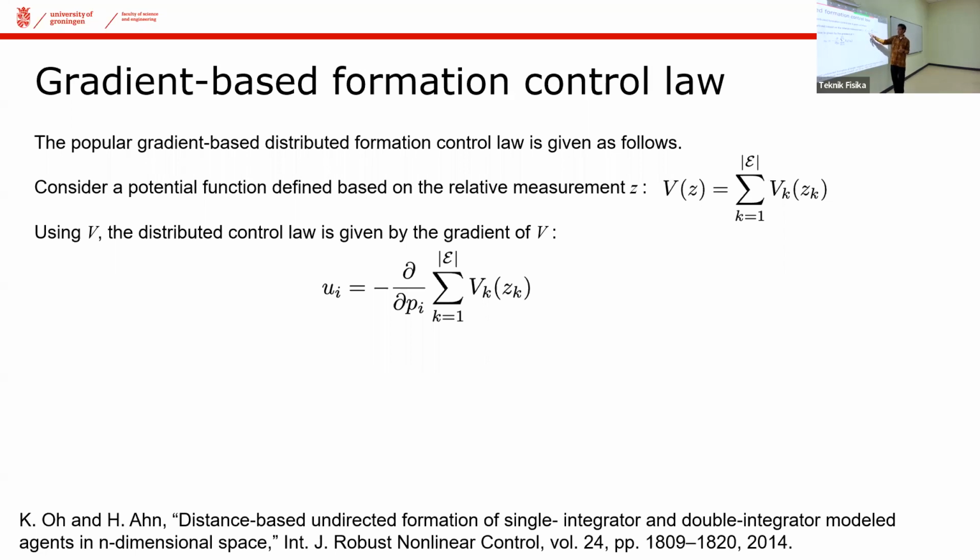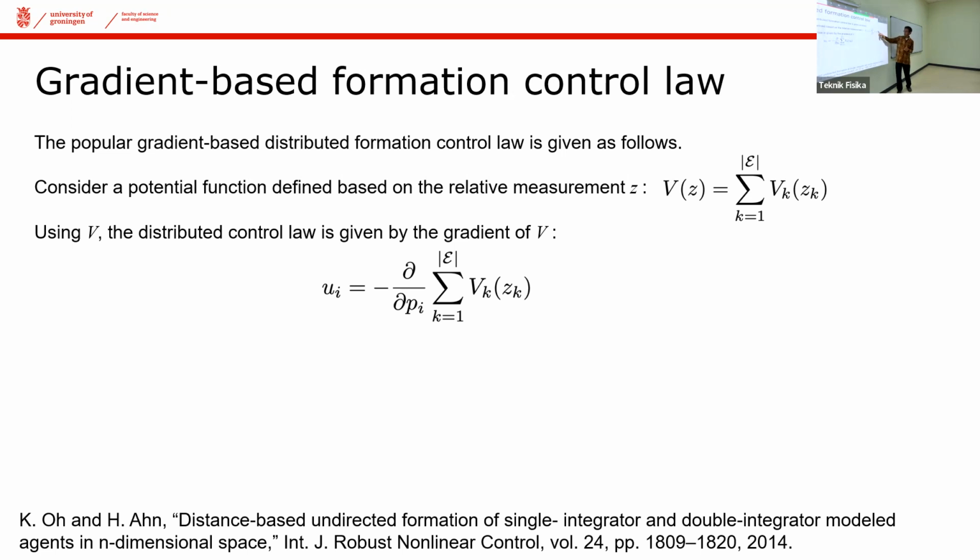And then if you define the potential functions properly, when you design a gradient-based control, based on each of the positions, then this controller will guarantee that the potential functions will go to the minimum of the potential functions.